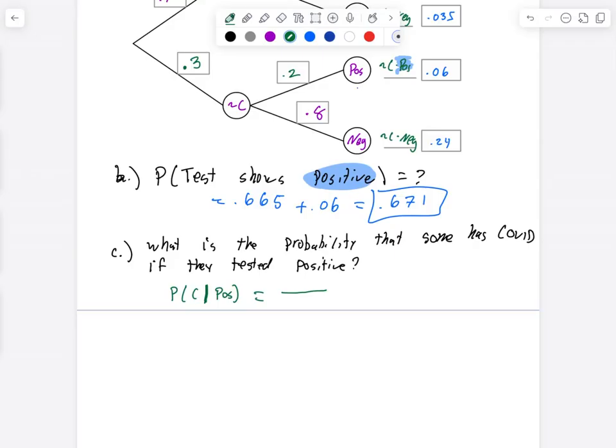And the new number is going to be 0.665 now. But why is it 0.665 and not 0.06, Sam? Because you want the whole. So my question to Sam here is, we have two numbers that we use to get this, right? So why 0.665 and not this other number that was right here?